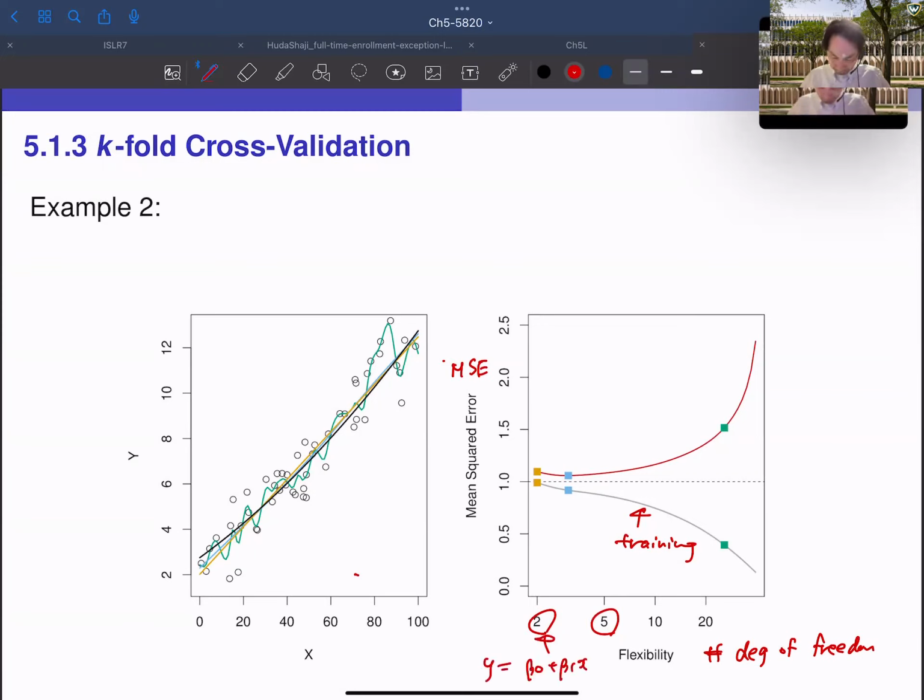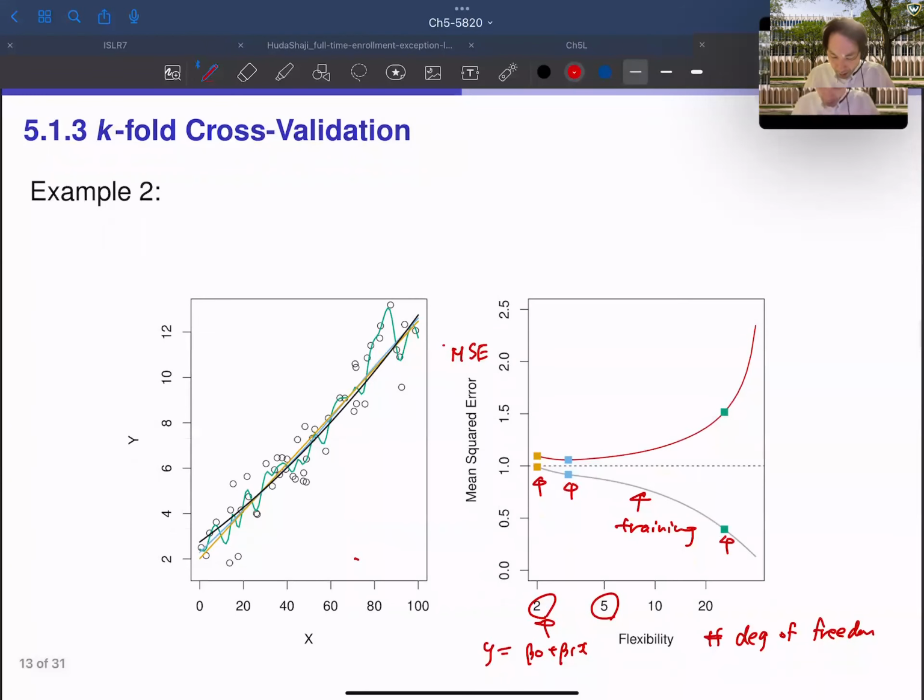Then we have the 4-degree polynomial. So this actually tries the straight line, the quadratic curve, and the polynomial with degree 20, maybe 21. Then the MSE and the training error, of course, get smaller if the model is more complicated, but the test error is minimized here.